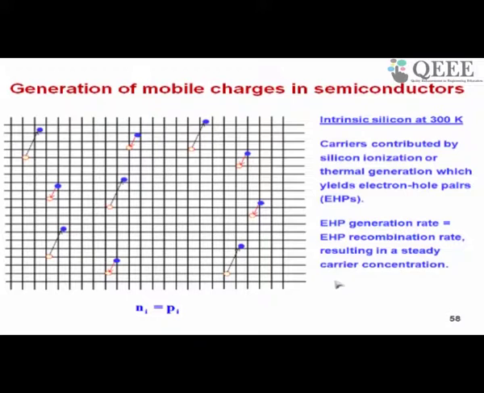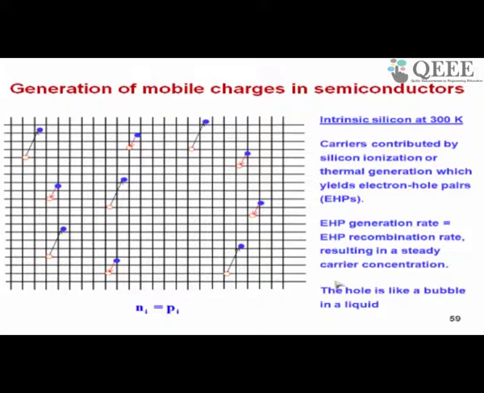In intrinsic semiconductor, electron and hole concentrations are equal. The hole is somewhat like a bubble in a liquid. So just as when you fill up a tube with liquid and there is a small air bubble, when you tilt the tube, it is the liquid which moves around, but the movement of the liquid appears to us in the form of movement of the bubble, and the direction of movement of the bubble is opposite to the direction of the movement of the liquid.